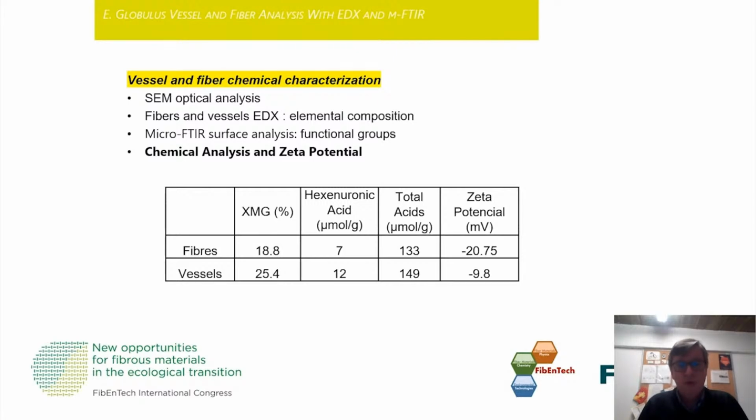What you can see is that the vessels' hemicellulose content is higher, and the vessels are also more acidic in terms of total acids and uronic acid content. And also that fibers are more anionic.